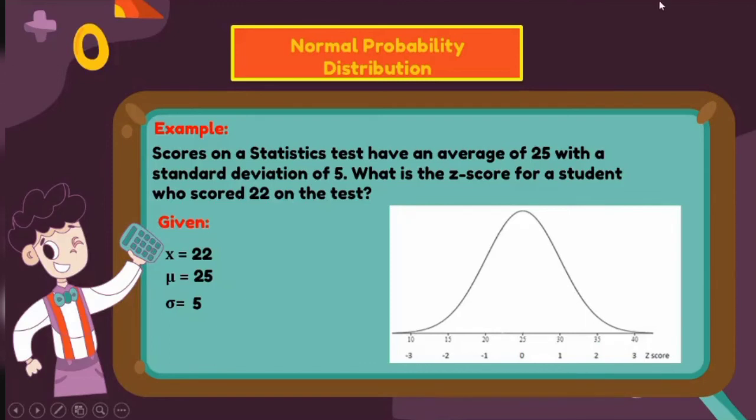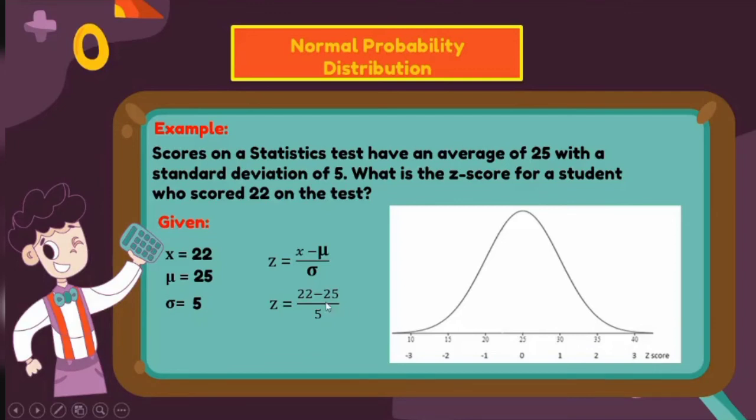So for that, next thing na gagawin natin is we have to use this formula. So for this formula, you have C is equal to X minus the mean divided by the standard deviation. So C is equal to 22 minus 25, since the value of X is 22, and then the value of mean is equal to 25, and the standard deviation is equal to 5.